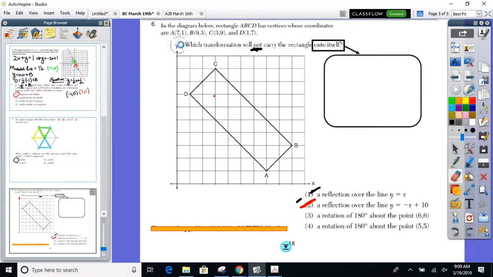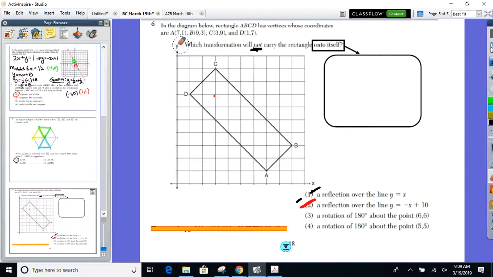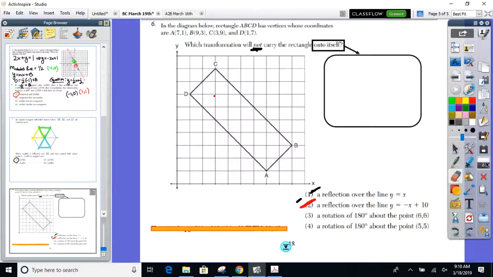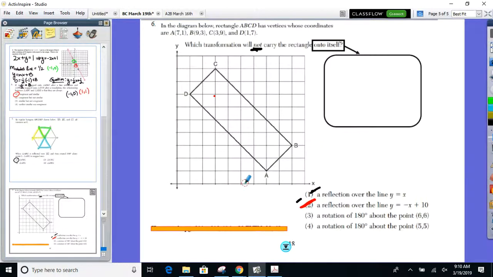Next up, a rotation of 180. So directly on the other side, around point 6, 6. Everyone find point 6, 6. 1, 2, 3, 4, 5, 6. 1, 2, 3, 4, 5, 6. 180. There's a problem, I think.